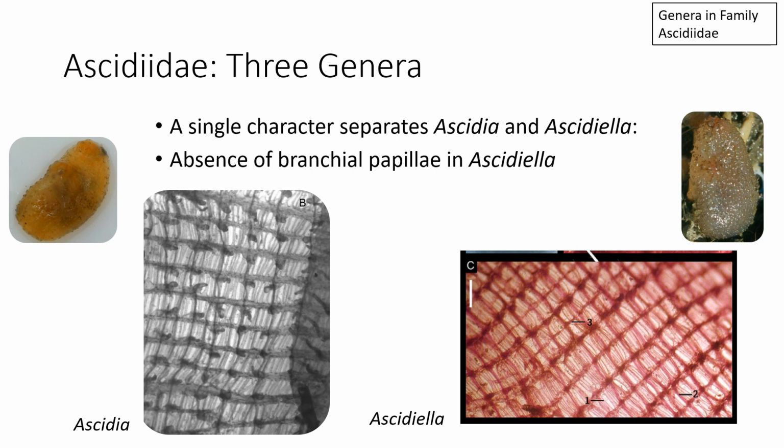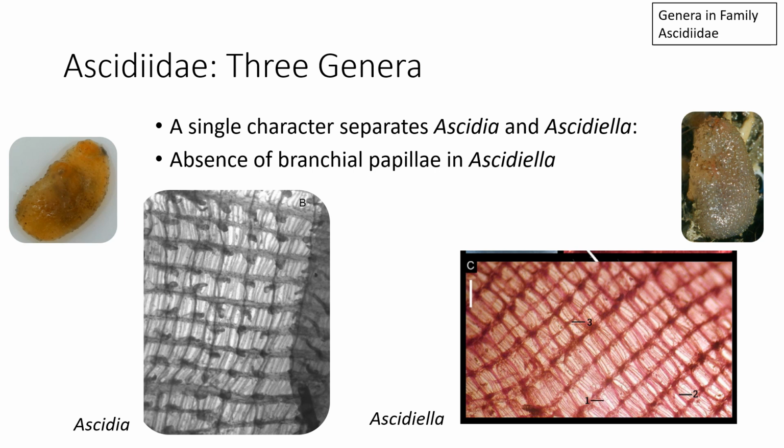In Ascidia, you have branchial papillae. You will see branchial papillae at the intersections between the longitudinal and transverse vessels.